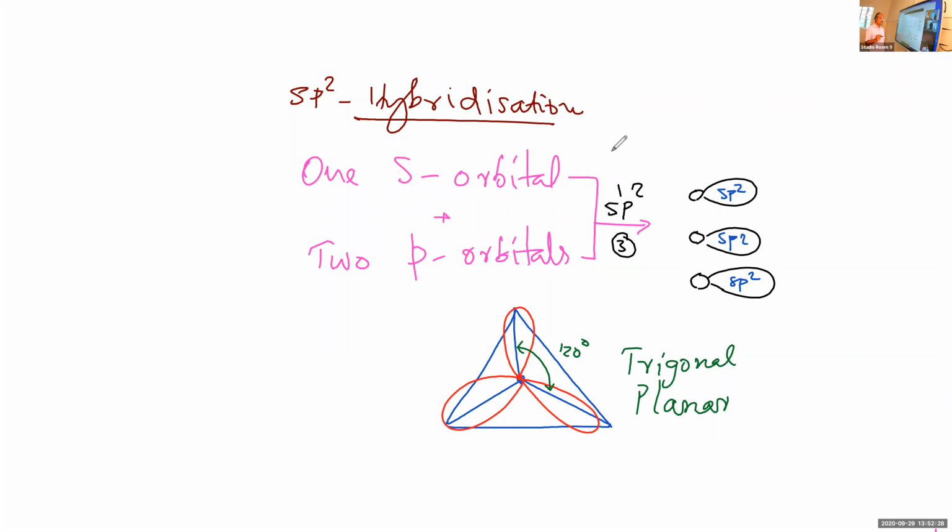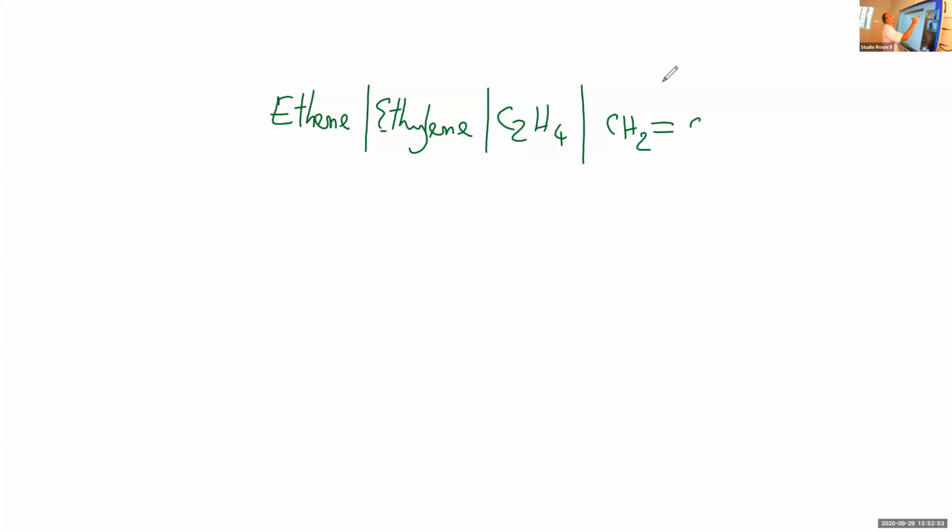geometry. Let us take some examples for this. Say, for example, you take the ethene molecule. Ethene is the IUPAC name; it is also known as ethylene. The molecular formula is C2H4 and the structure is CH2 double bond CH2.